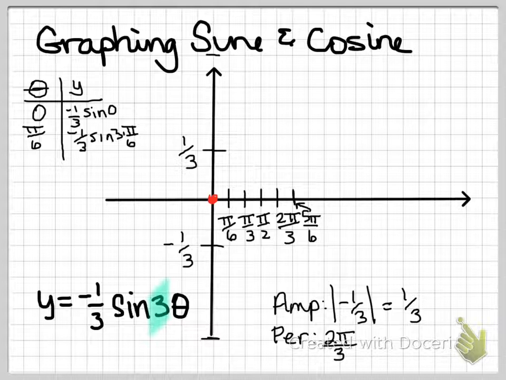So what I really have is negative 1/3 times the sine of pi over 2. What's the sine of pi over 2? The sine of pi over 2 is 1. So this is negative 1/3 times 1, which is negative 1/3. So let's mark that on our graph. Pi over 6 down to negative 1/3.